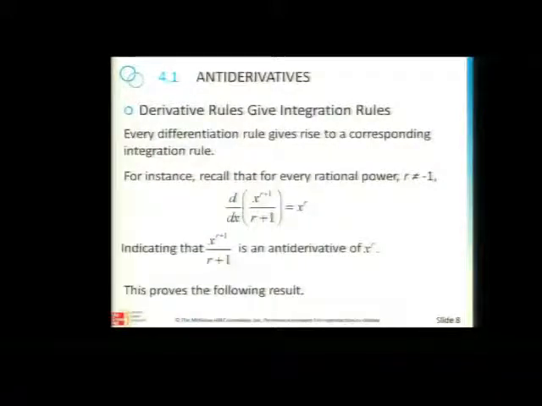Because from there, when you are integrating x to the power r, you are looking for the antiderivative of x to the power r, and that would be this part, because when you differentiate this, you get x to the power r. So this simple power law for differentiation will give you one rule for integration, and every differentiation rule will give you one integration rule. This is only one of the many integration rules that I will be talking about.